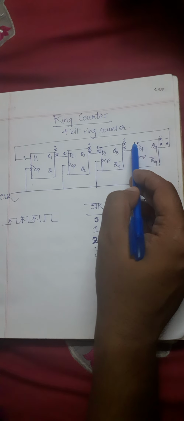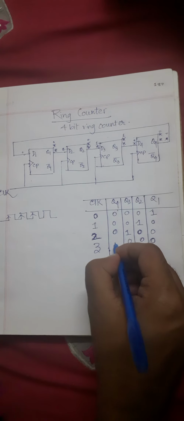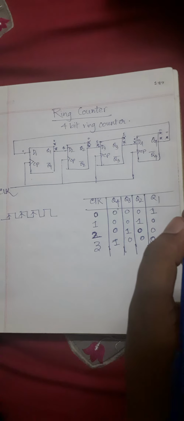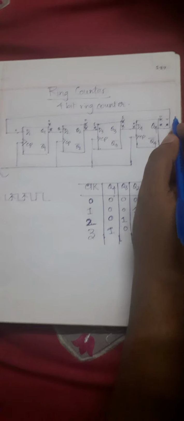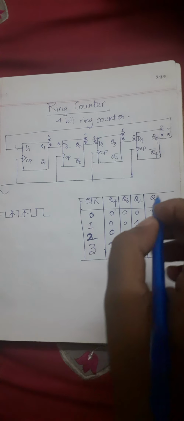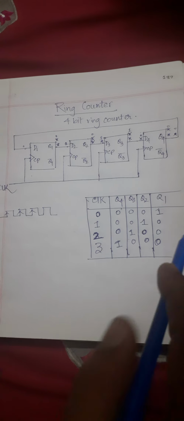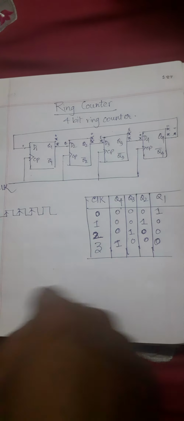Due to this 1, this q4 becomes 1, right? q4 becomes 1, and it goes like this.